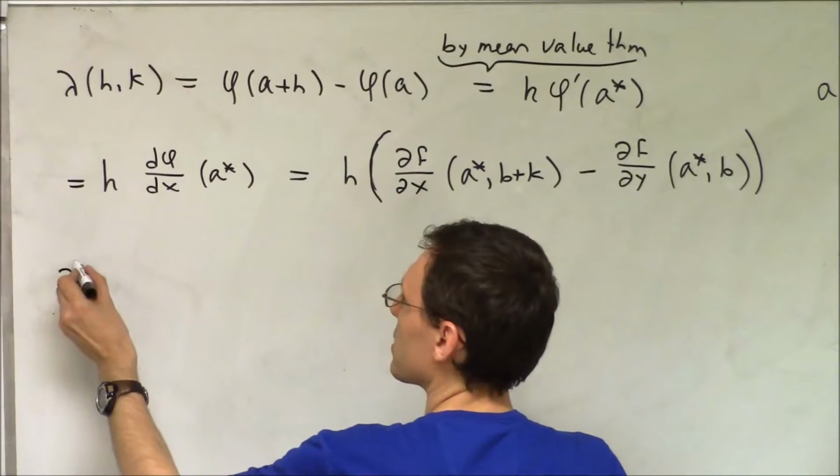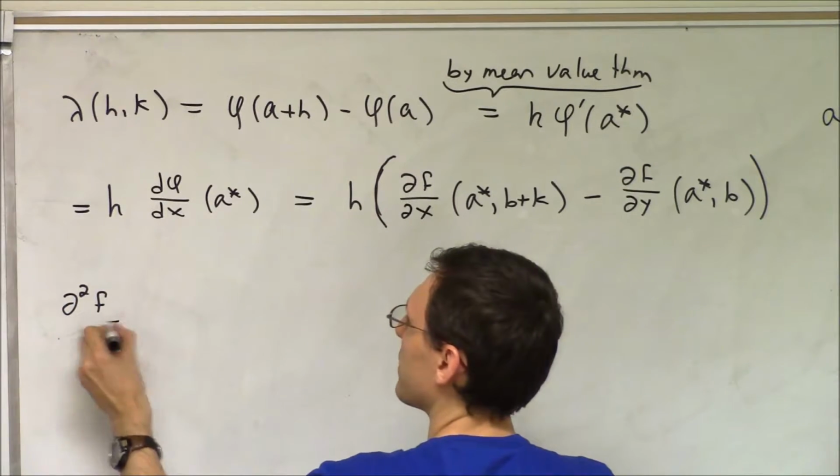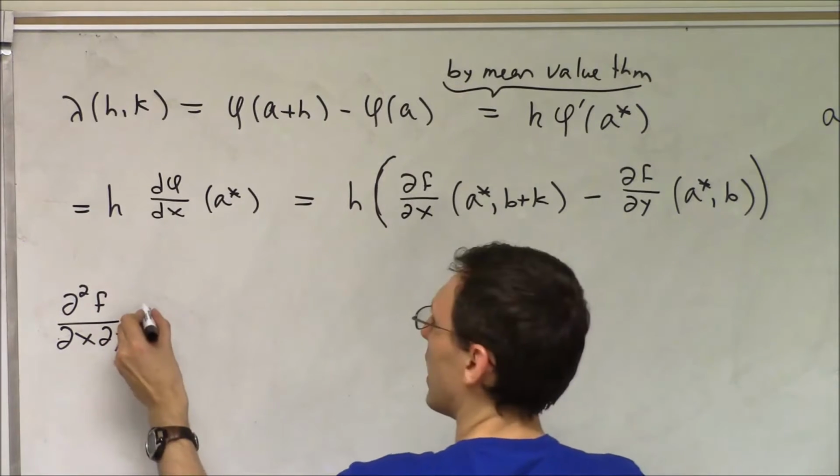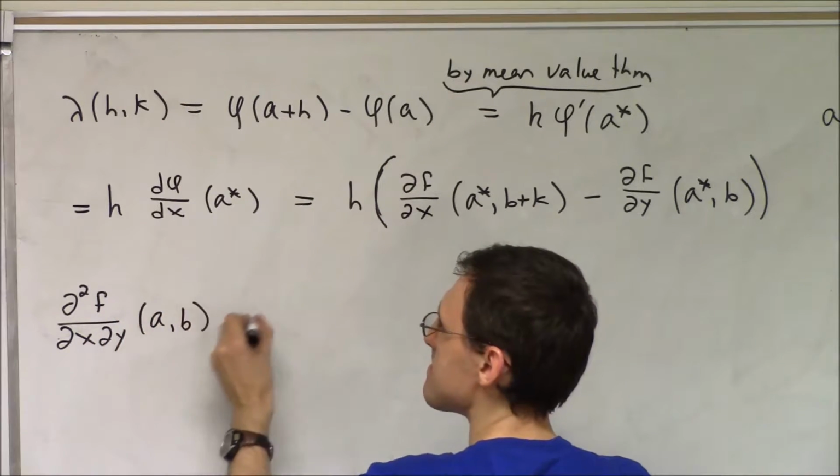The mixed partial d squared f dx dy at the point AB.